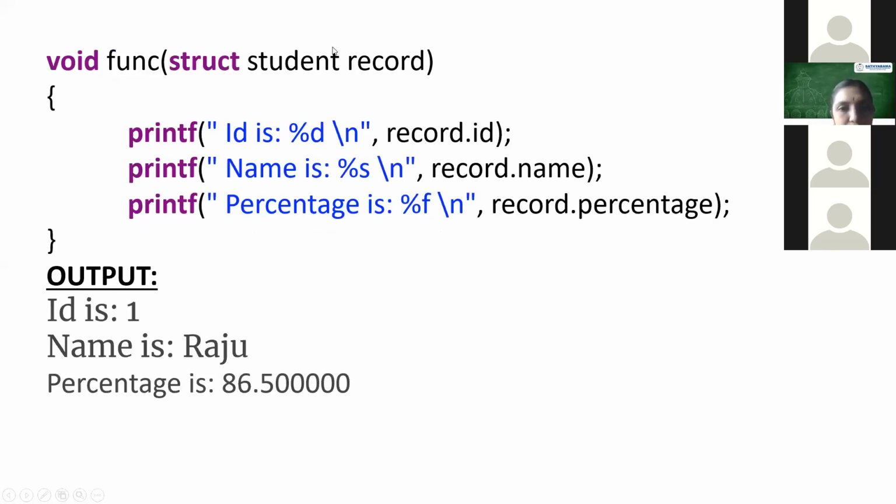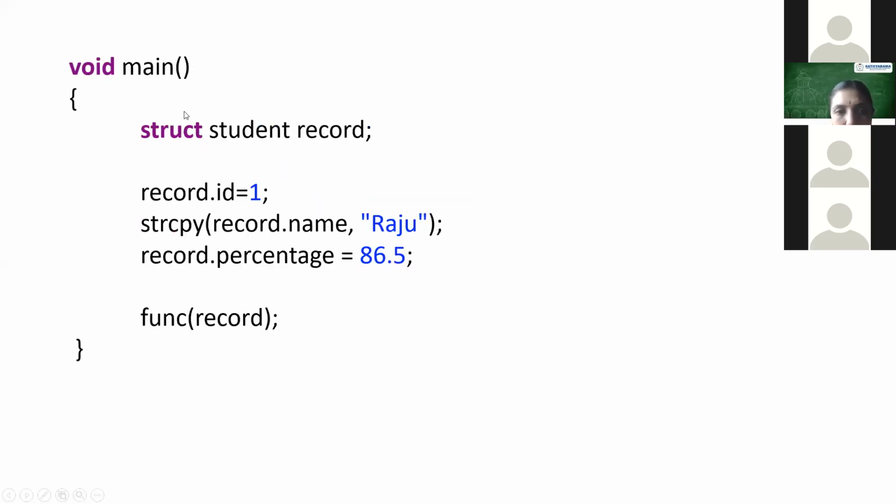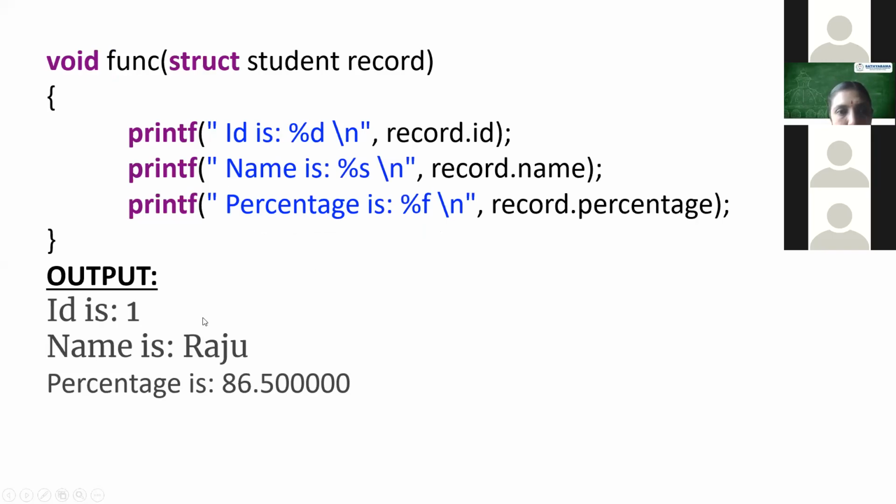So here, void function struct student record, right? Printf again. Here I'm just giving the values, function record. So I'm calling that, and it goes to that void function student record and prints the values, whatever has been read over there. So ID is 1, name is Raju.